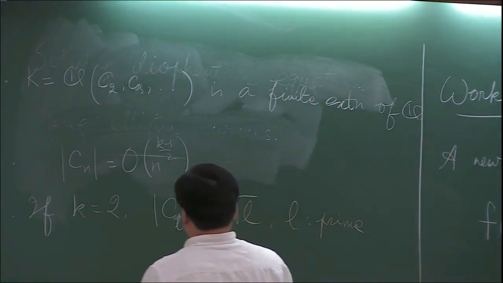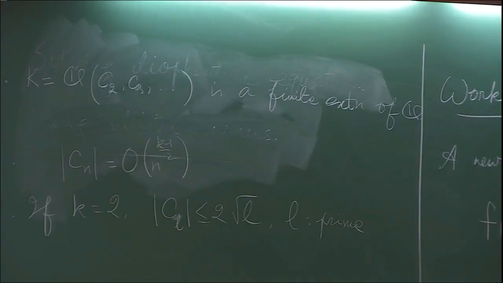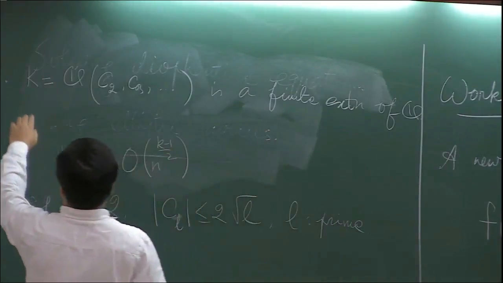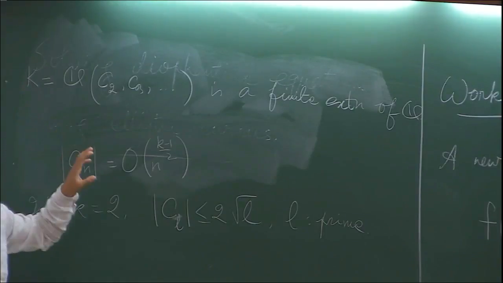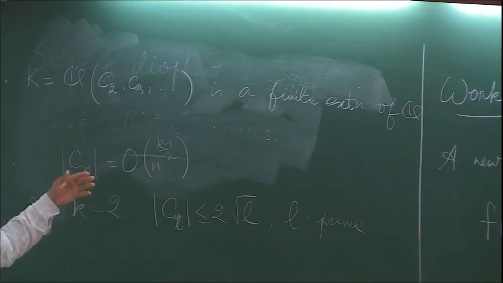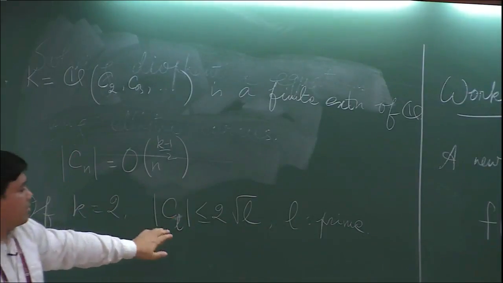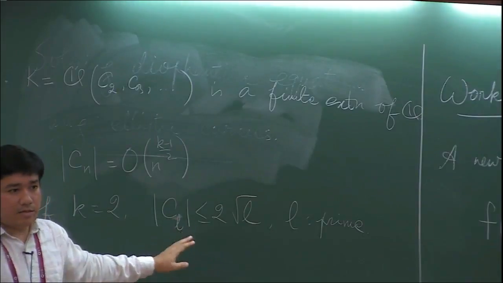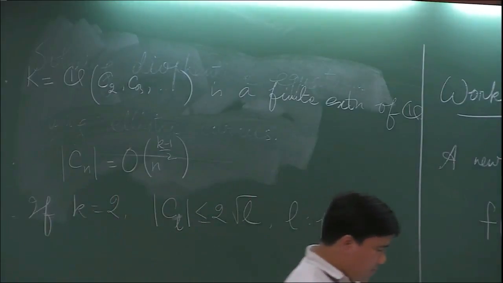And in fact, more is true. If you have one f like that, since this is a finite and totally real extension of Q, you can take an automorphism of this and apply it on f. That will also give me another new form. So they will all satisfy this inequality if the weight is 2. Clear?